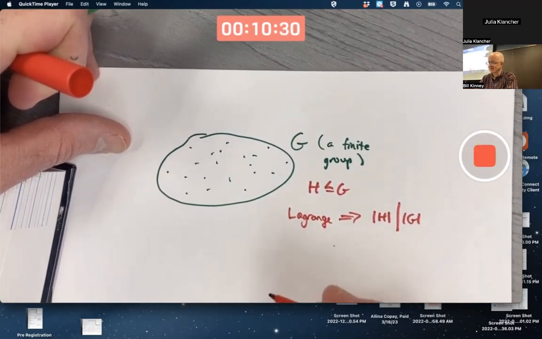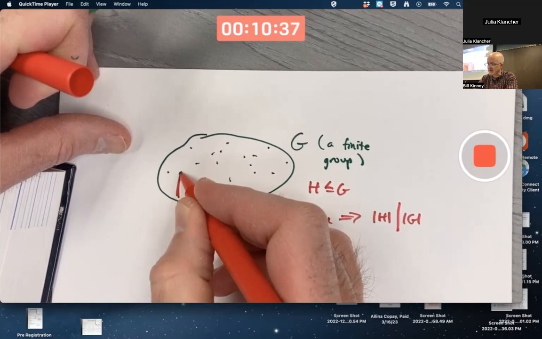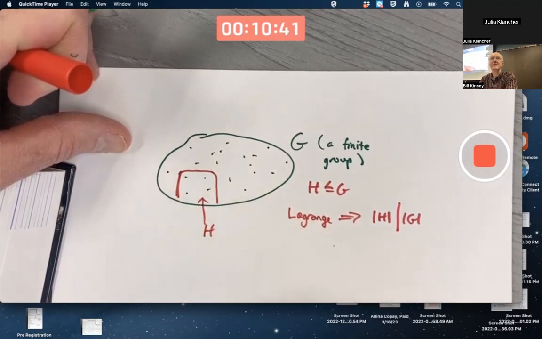Let's pretend, just for the sake of the picture, that H has order 4. Maybe it consists of these 4 elements here. Maybe that's H right there.